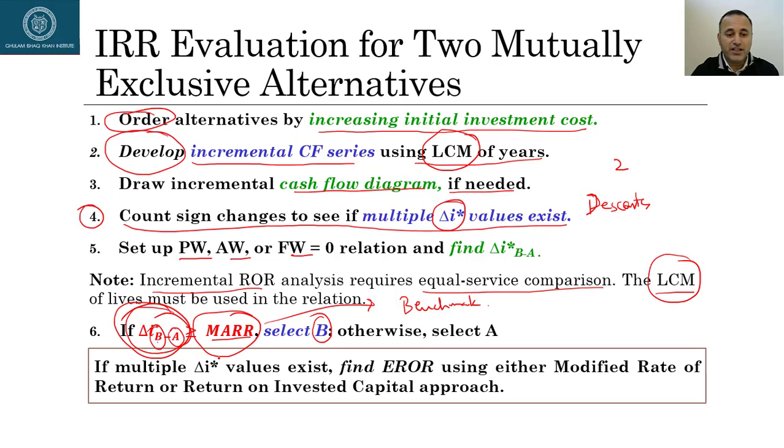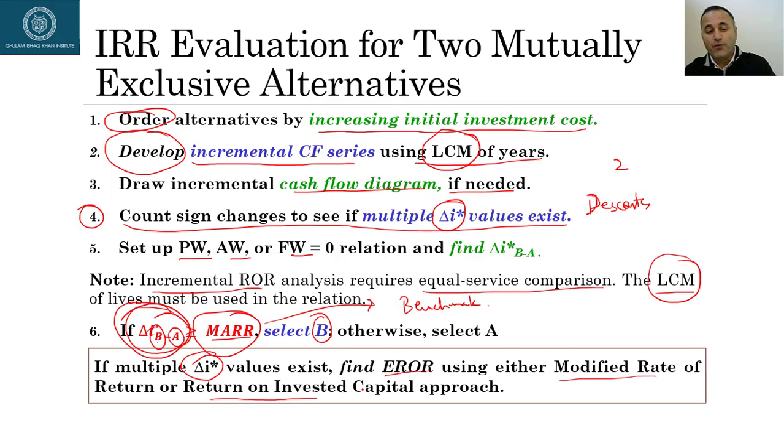Just like other cash flows, if there are multiple IRR values associated with these incremental cash flows, we have to use the EROR technique. And there are two techniques. One is the modified rate of return or the return on invested capital approach. We already covered that.